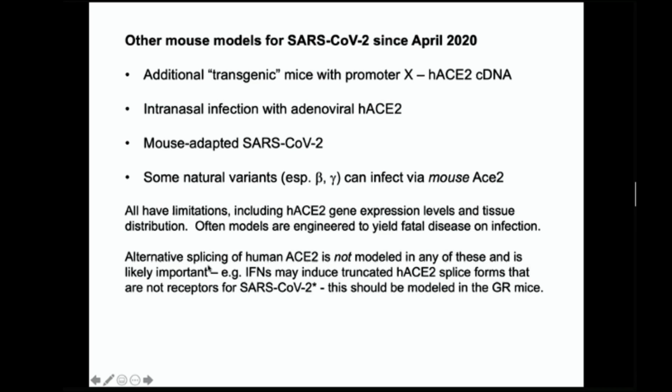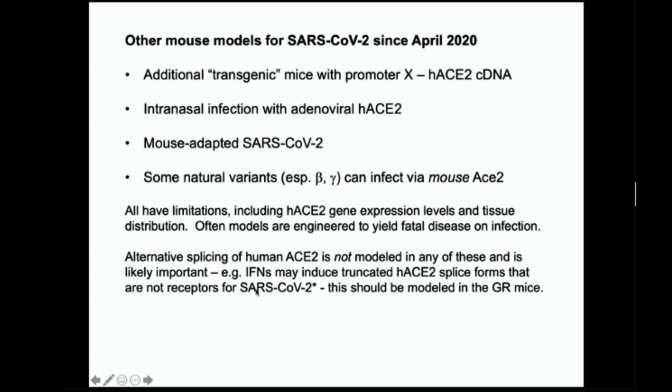And an important consideration is that in pretty much none of these cases is alternative splicing of human ACE2 modeled. As Mike had outlined, the natural expression of a gene is complex but not random. Aside from the steady state alternative splice forms, there can be instructions on how a gene is spliced and what proteins are produced, which will likely become important.